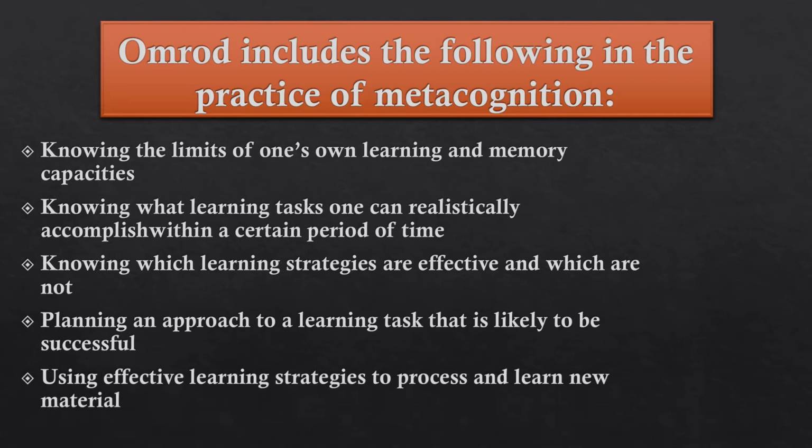Next, using effective learning strategies to process and learn new material. So, if you have learned a strategy and you know that that strategy is applicable to the new lesson that your teacher has given to you and you used it, then you are making use again of metacognition.